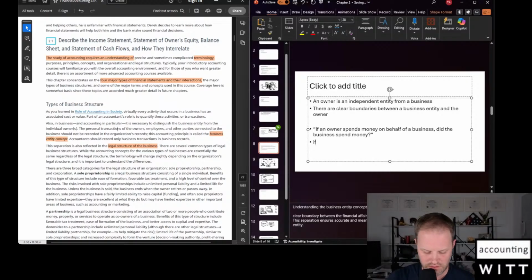If an employee spends money on behalf of a business, did the business spend money? And what does it mean for a business to spend money? We won't get into that. We'll just leave it colloquial.